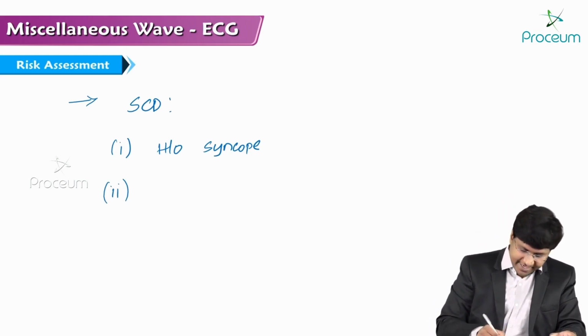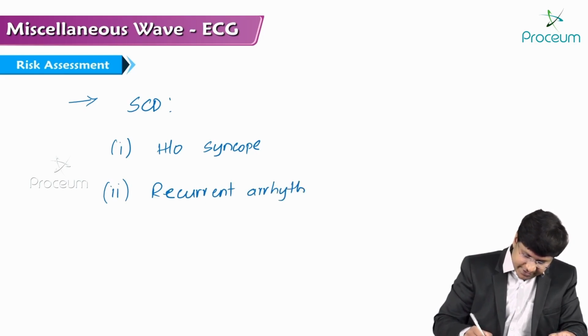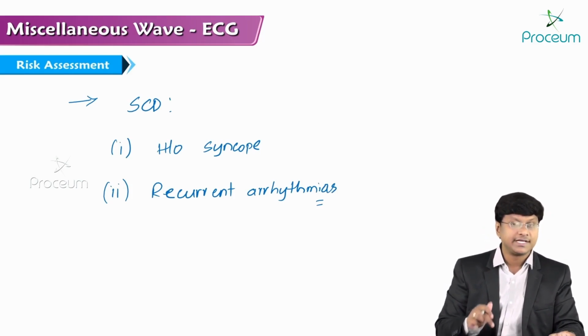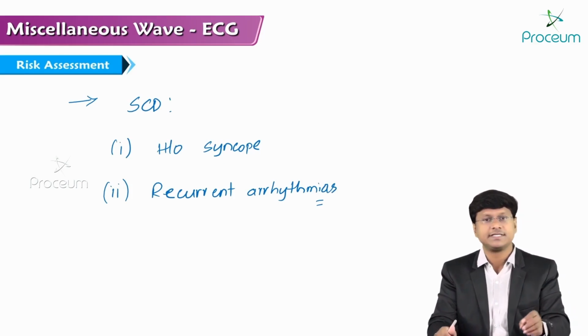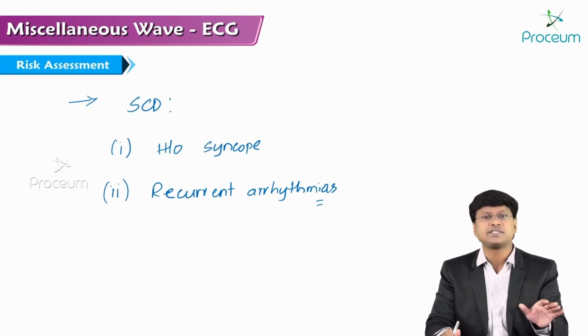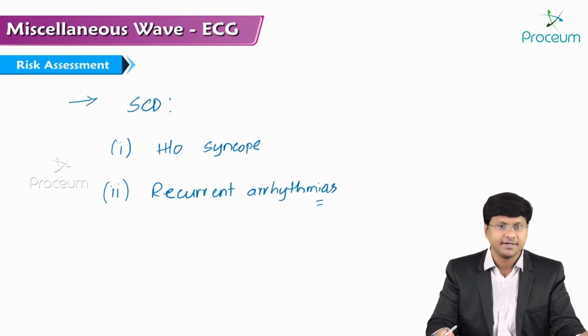Next, presence of recurrent arrhythmias. The presence of recurrent arrhythmias is also a risk factor for the development of sudden cardiac death. And these recurrent arrhythmias are not suppressed by any anti-arrhythmic drug therapy.